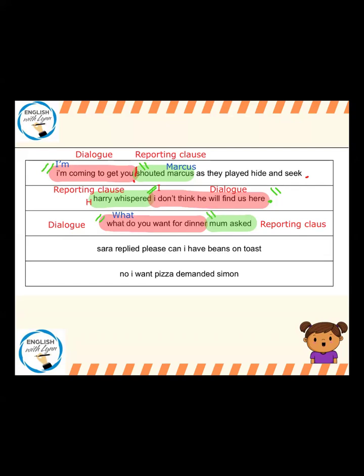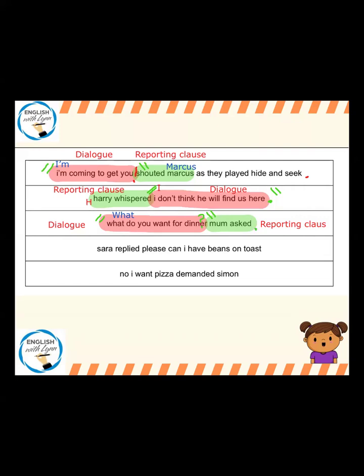"What do you want for dinner?" Mum is asking a question. So because Mum is asking a question, think what punctuation you're going to need. To show that it is a question, you are going to need the question mark after the word dinner, but before the inverted commas. Mum doesn't need a capital letter, but I do need a full stop after "Mum asked."